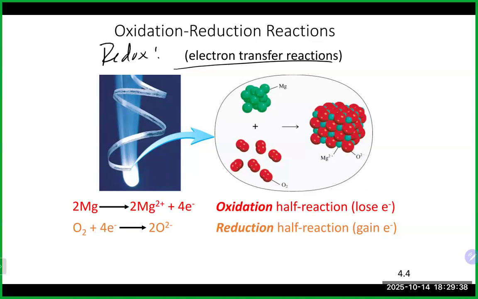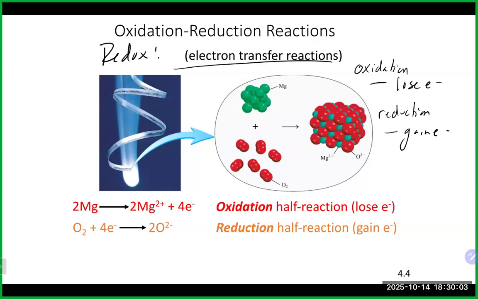Redox is the big category for all the other types of classifications that we talk about in terms of reactions, like decomposition, single replacement, and so forth. Here again, oxidation has several definitions, but in here, usually it means that you will lose electrons. Reduction means that you will gain electrons.